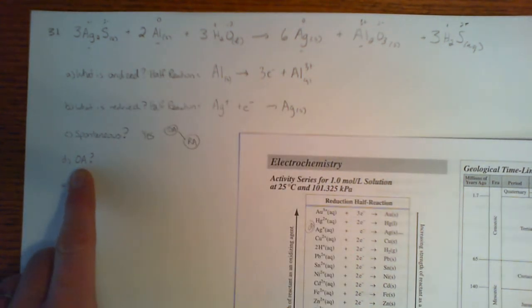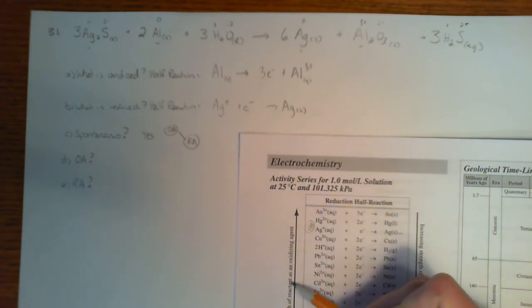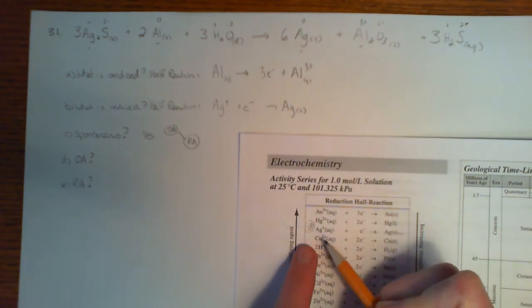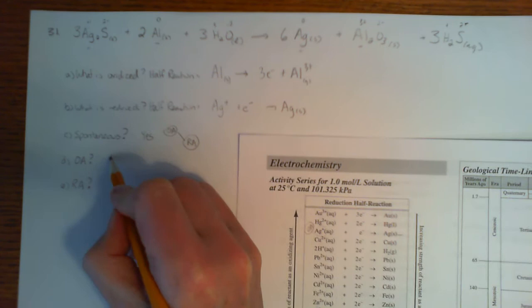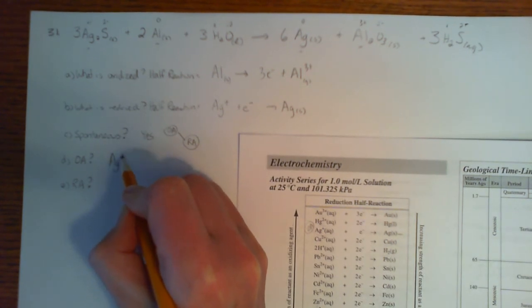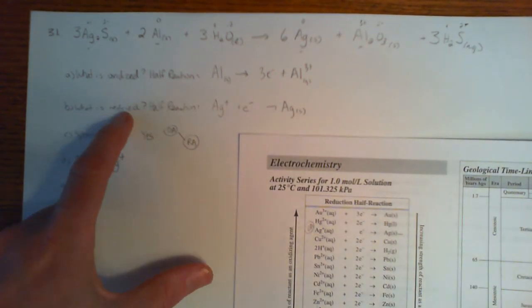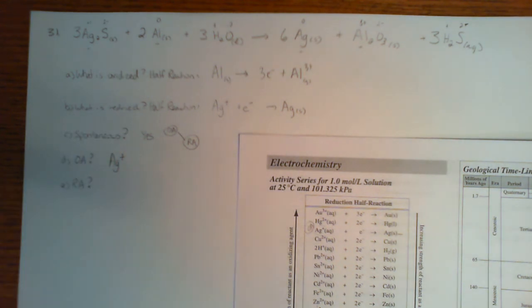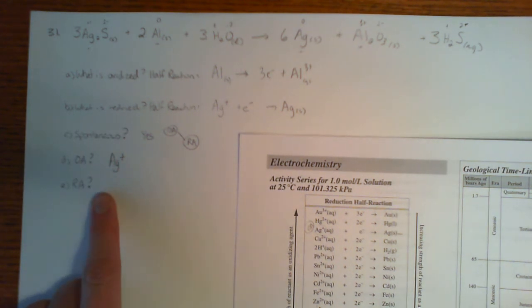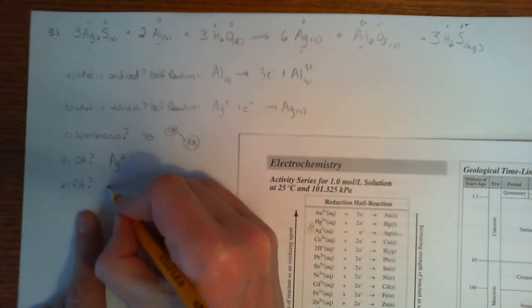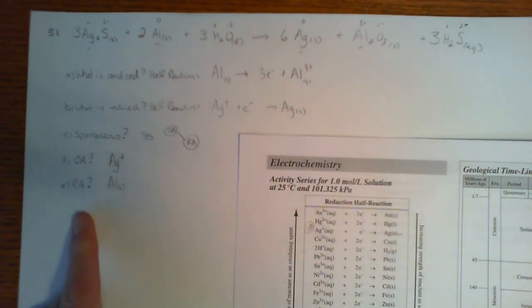And here we say increasing strength of our oxidizing agent. So this is our oxidizing agent. So silver ions are the oxidizing agent, even though it's being reduced. Remember that? Oxidizing agents are being reduced. And reducing agent is our aluminum solid. And that's the end of that question.